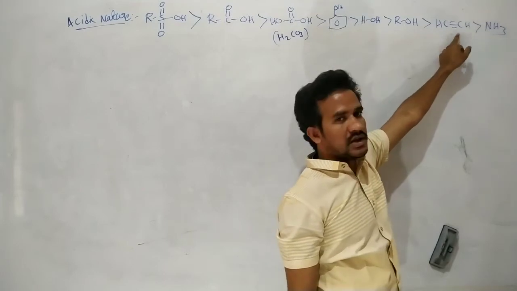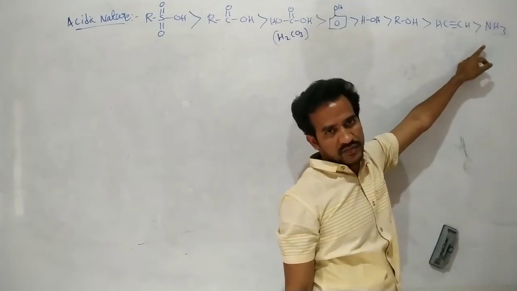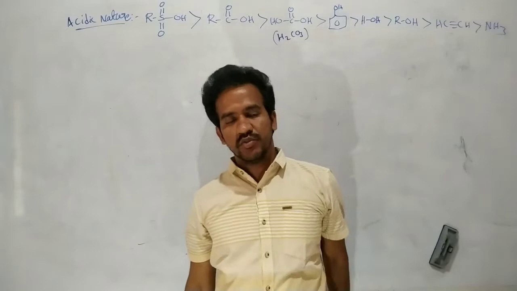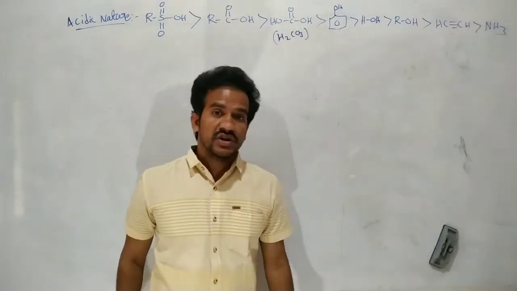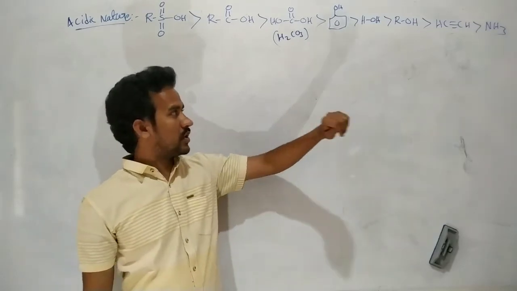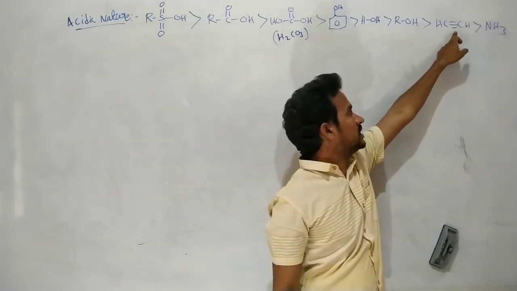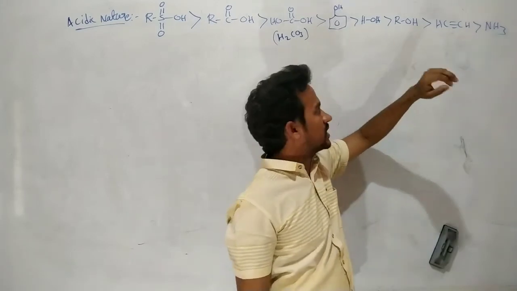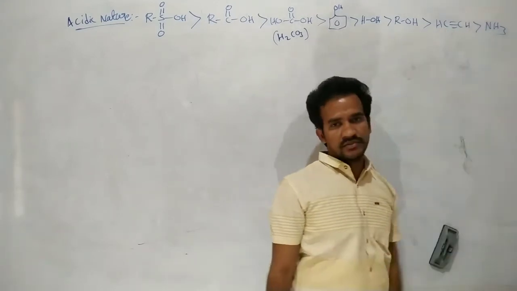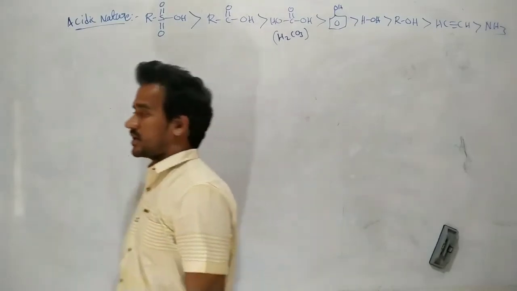Then acetylene, and the least acidic one is ammonia. Very important point: acetylene is a stronger acid when compared to ammonia because sp carbon is more electronegative than the nitrogen.